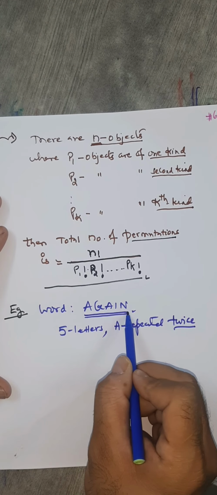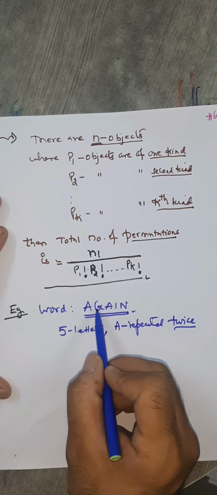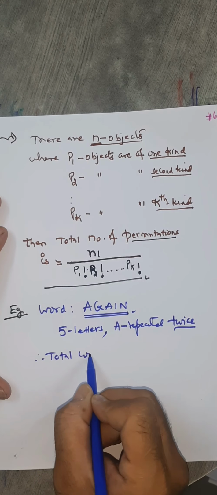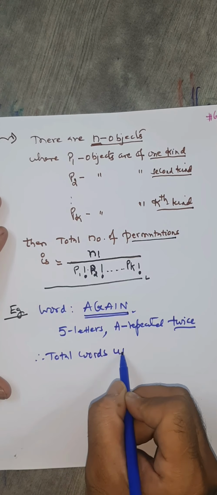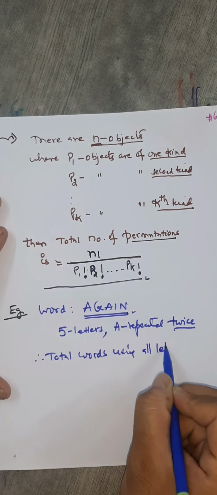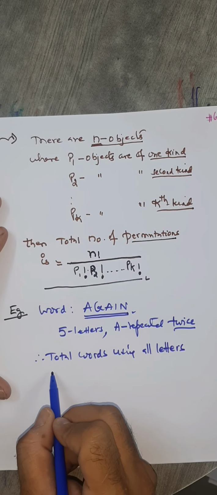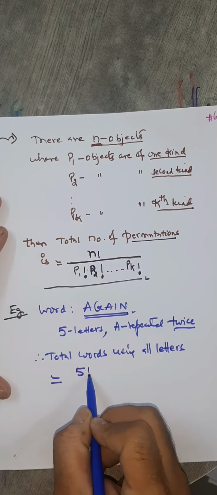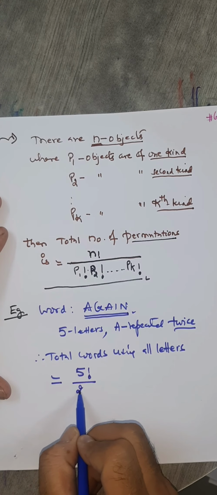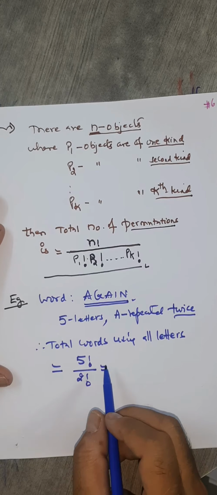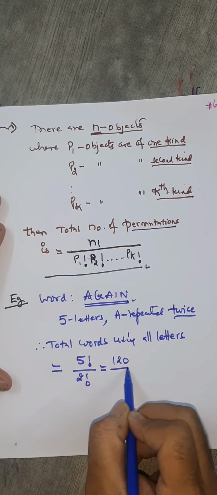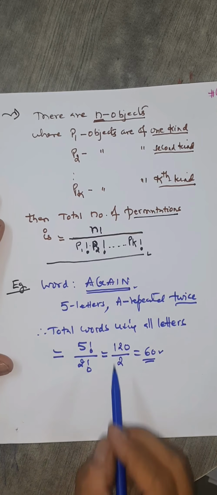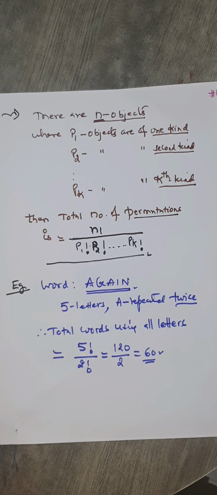So how many words can be formed using all the letters of the word again? You can write: total words using all letters of the given word equals 5 factorial, in which A is repeated twice, so upon 2 factorial. 5 factorial is 120, divided by 2, so you have 60 here. So 60 words can be formed using the letters of the word again, because A is repeated twice.